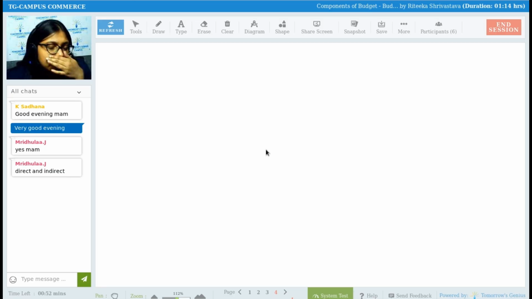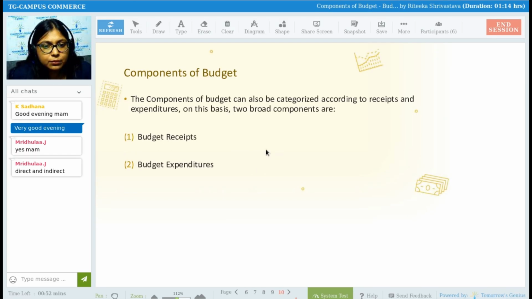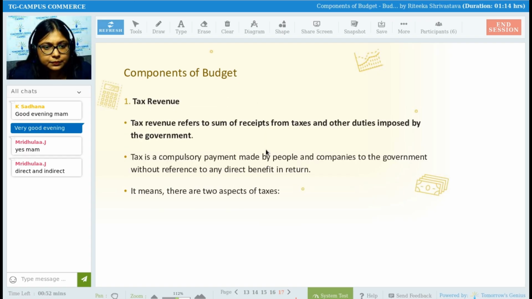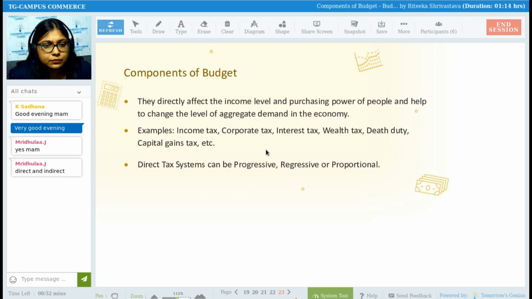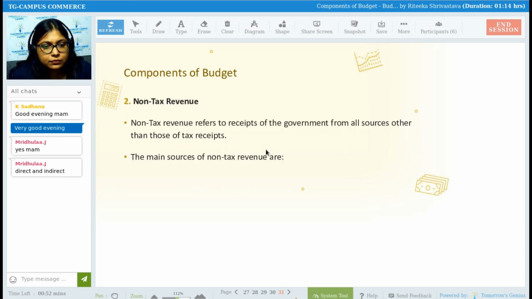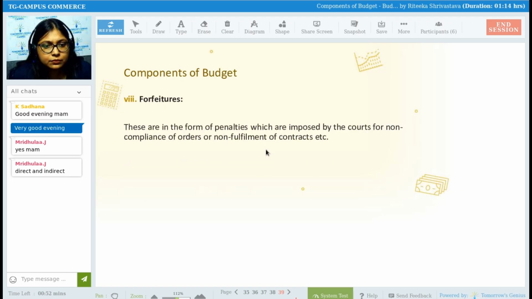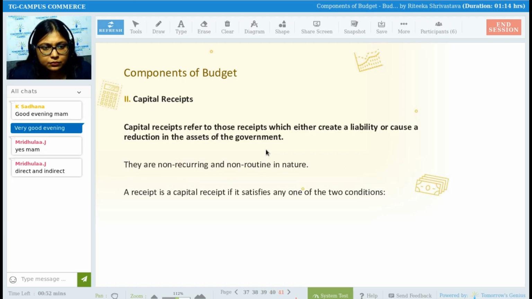Fine. Then under non-tax revenue, anybody remembers what the points were? Kinds of non-tax revenue. Nobody remembers. Yes, Sadhna, very good. Interest, and there are so many points.